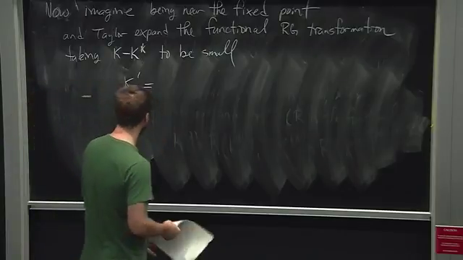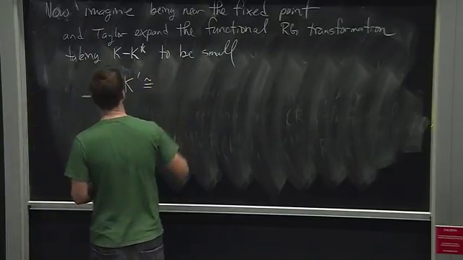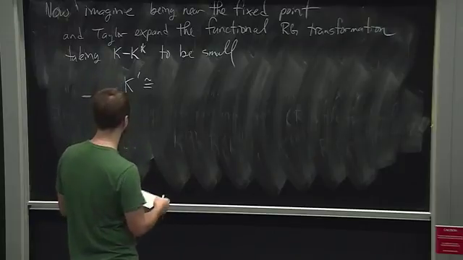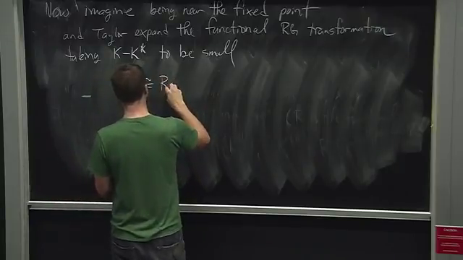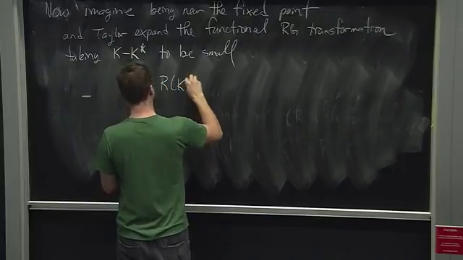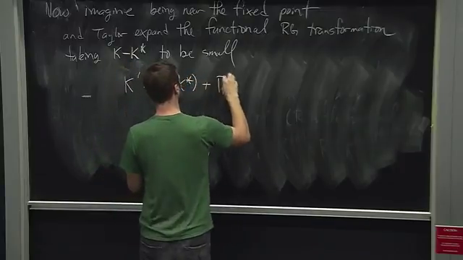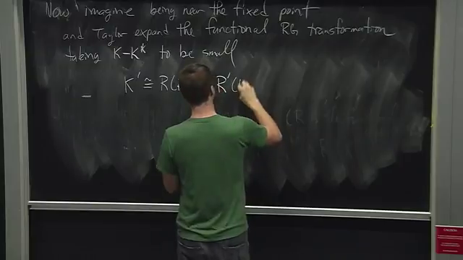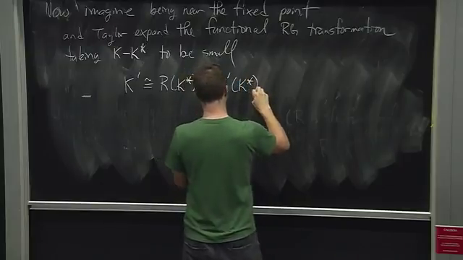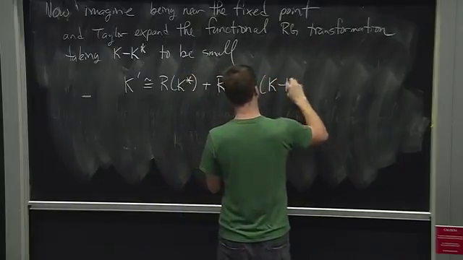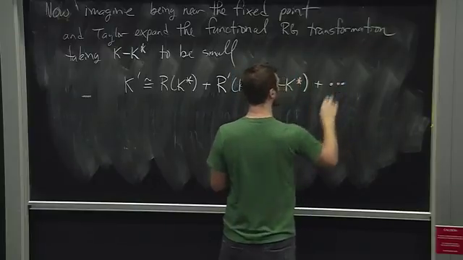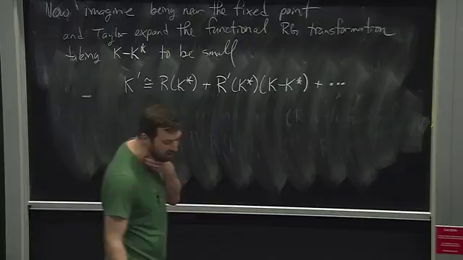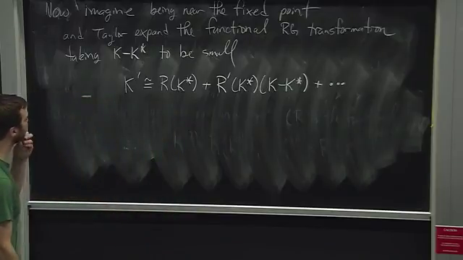So then we can approximate K prime with K evaluated at K star plus the derivative at K star times K minus K star. Okay, so just a Taylor expansion.